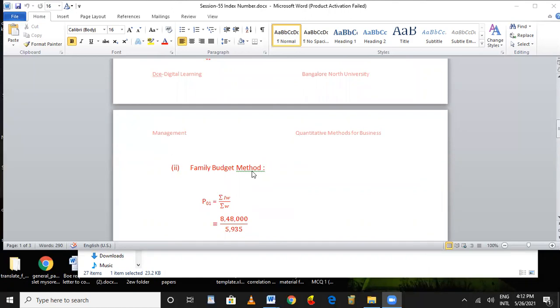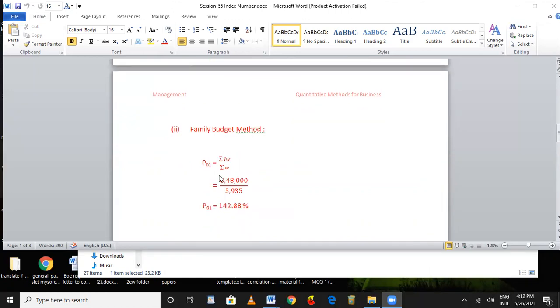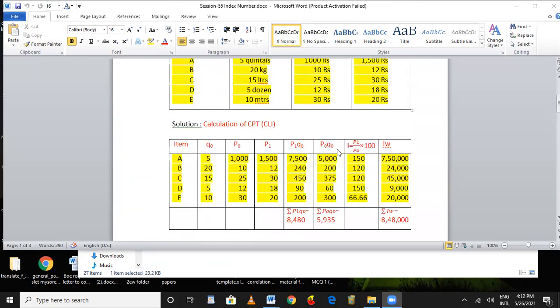In the same way, we can calculate the family budget method. In the family budget method, the formula is P01 equals sigma IW divided by sigma W. Here I means price relatives. How do we get the price relatives? It is P1 over P0 into 100, where P1 is the prices for the current year and P0 is the prices for the base year.